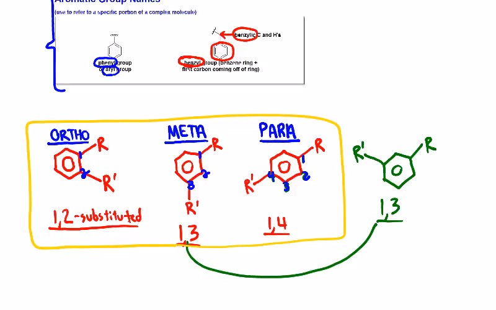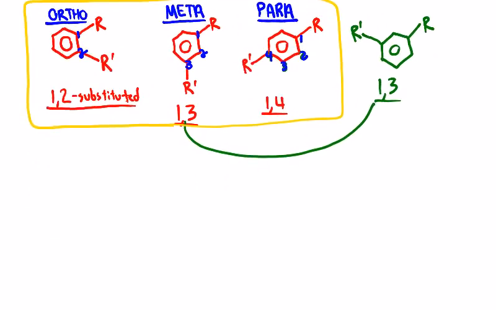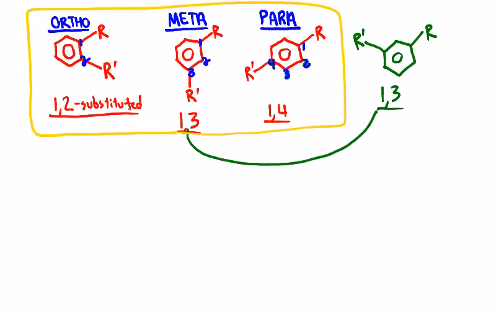So our 3 constitutional isomers, anytime you have a disubstituted aromatic ring, are going to be referred to as ortho, meta, or para, and we'll use these terms in the name in order to indicate what constitutional isomer we are referring to. So let's take a look at applying this knowledge toward an example problem or two.